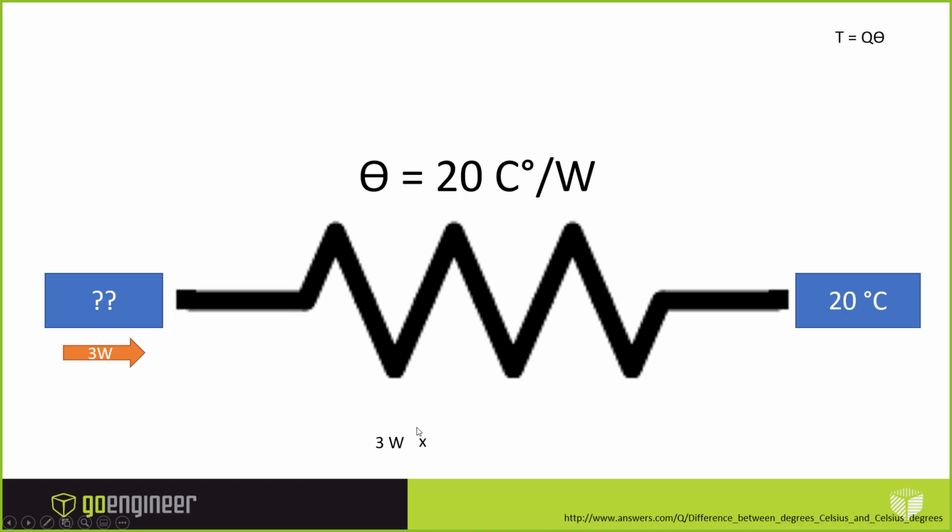We take your 3 watts, multiply by the 20 Celsius degrees per watt, and that's going to equal an extra 60 degrees C that this thing has to heat up to. In other words, it's got to be 80 C in this thermal circuit.